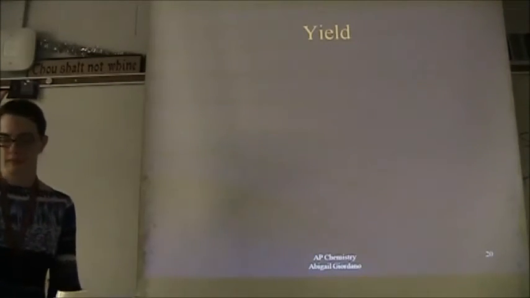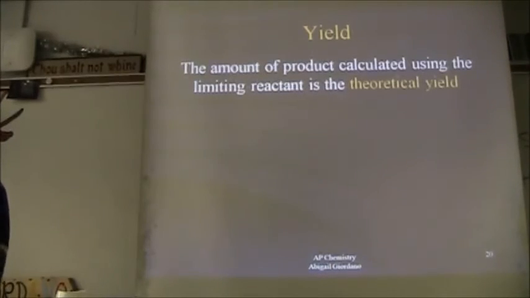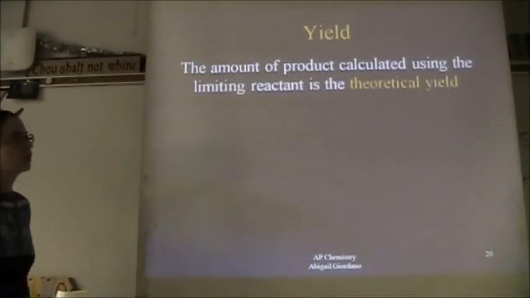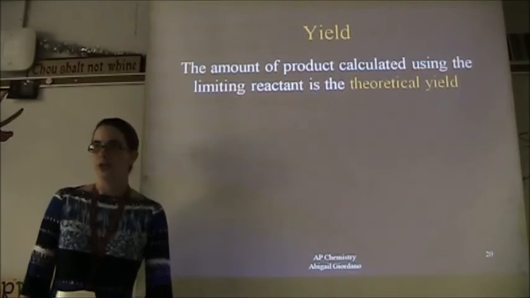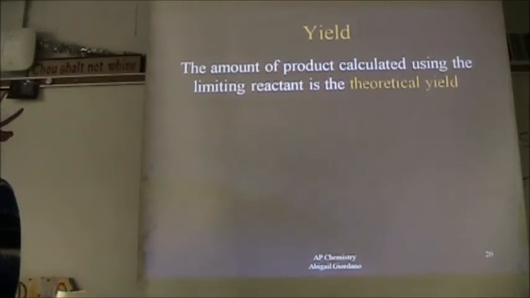Yield. All right, let's talk a little vocabulary. Theoretical yield really just means an amount of product, usually grams of product. And guys, think about what the word theoretical means.